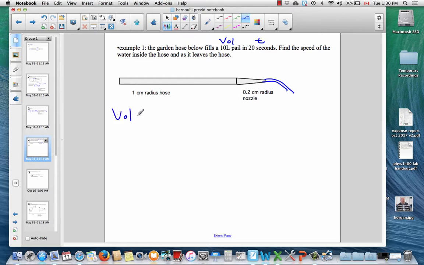because we're calculating speeds in meters per second, we're going to need to convert this to cubic meters by canceling liters. Now there's a well-known equivalence which is given on your data page that a cubic meter of volume is 1,000 liters. So we see that this 10 liters of volume is 0.01 cubic meters.